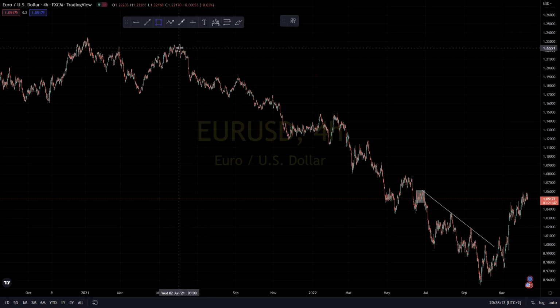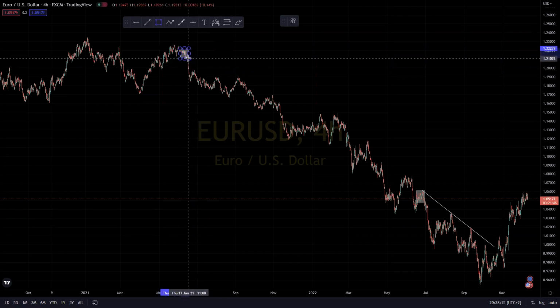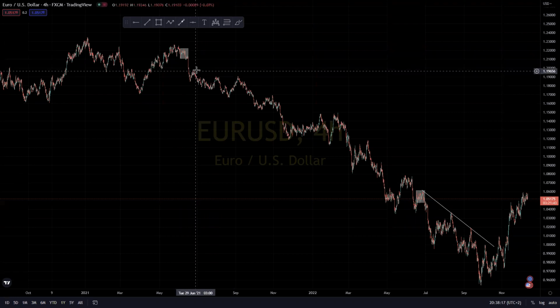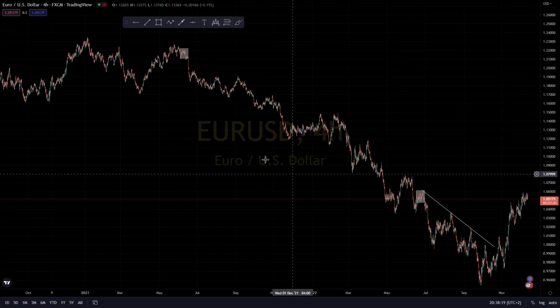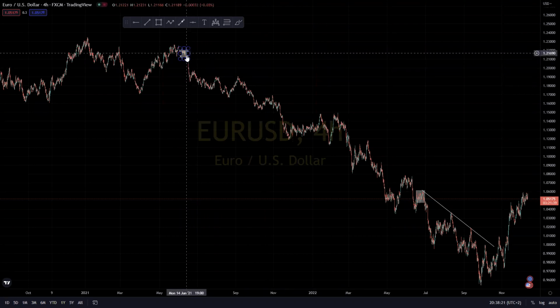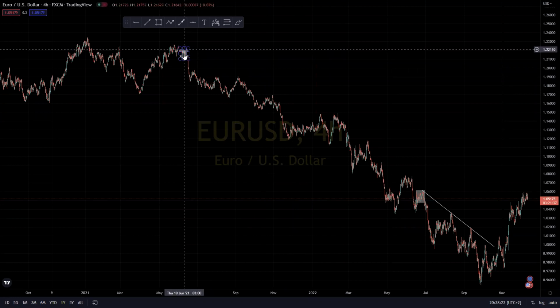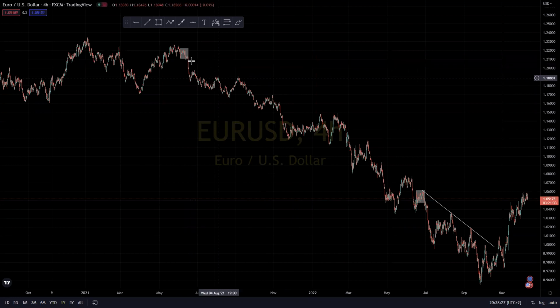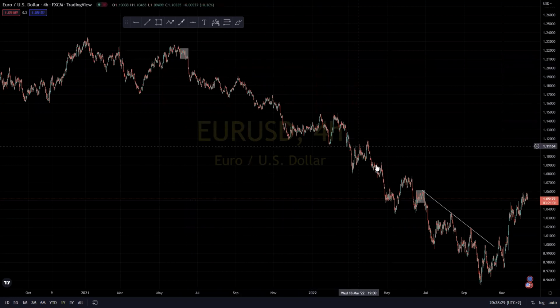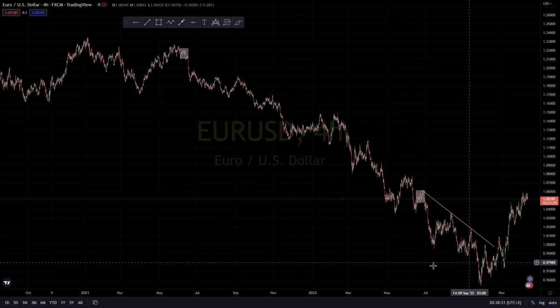The move started from this place here. So the market has been dropping. Now, imagine if you had maybe a $100 investment, you sell from there, and then you hold. The market was just dropping.